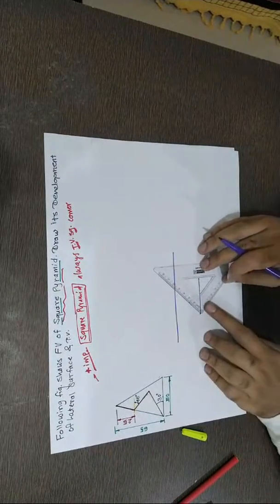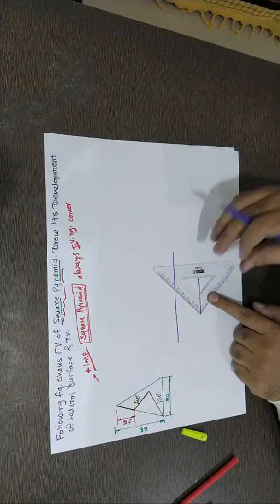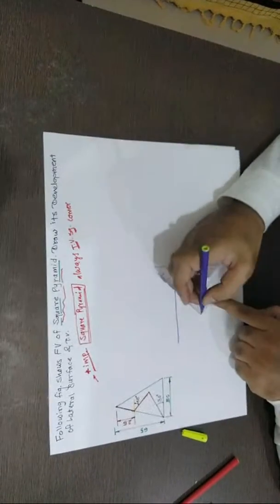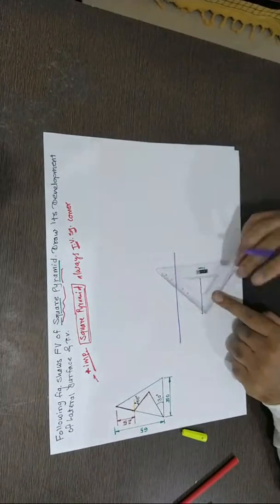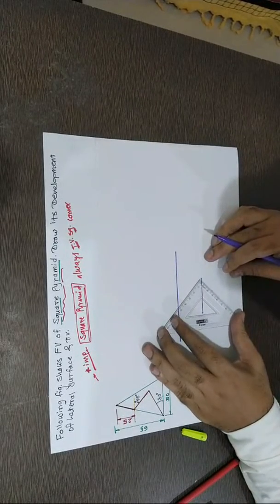I don't have a larger set square, or you can use any other method. After that you can use a D, means you can take an angle directly 90, one reference line. Draw these lines and take an intersection. So I'll show you for a reference only.